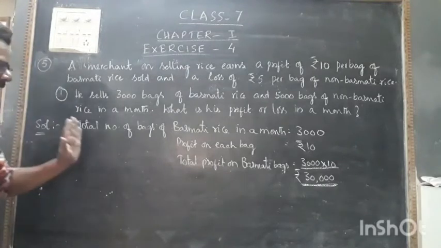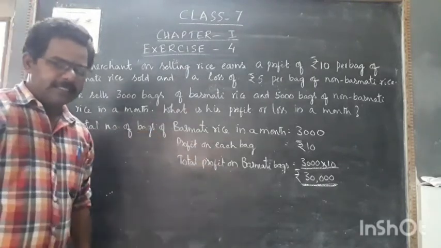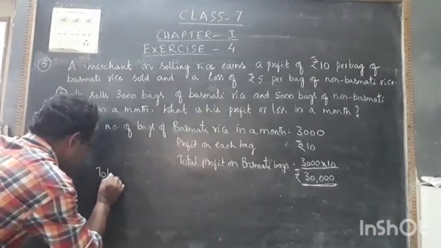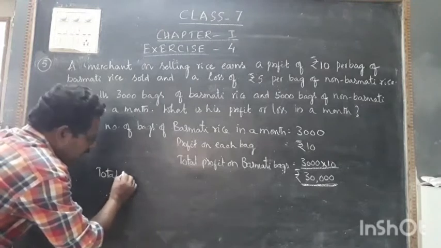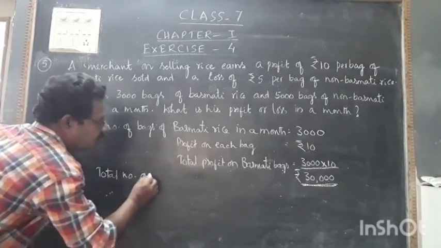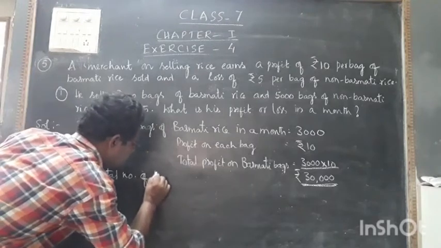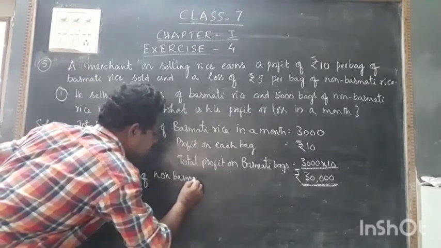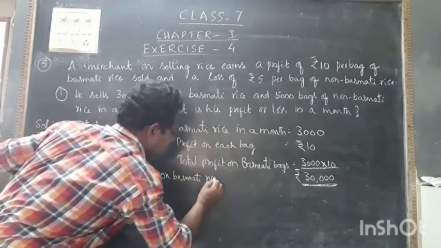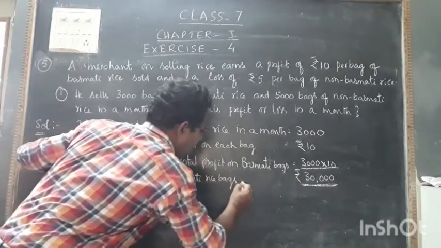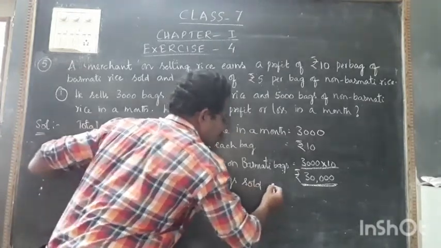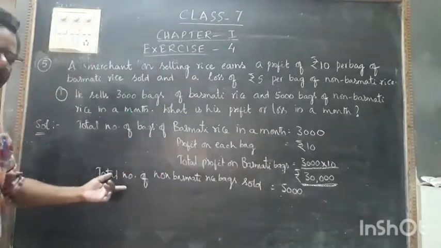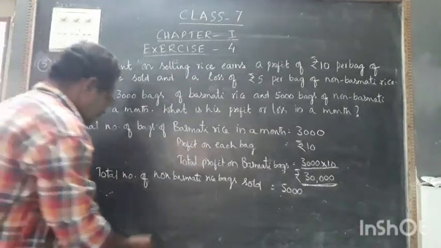The same thing, number of bags of non-basmati rice, that we shall see. Total number of non-basmati rice bags sold is equal to 5,000. 5,000 bags he is selling in a month.